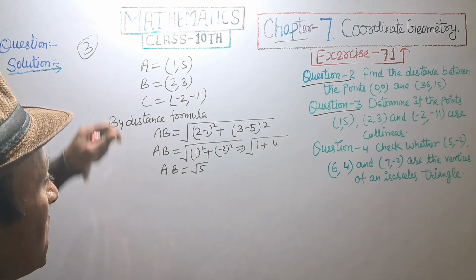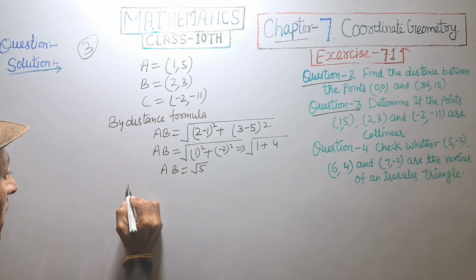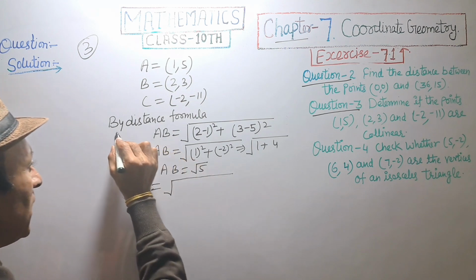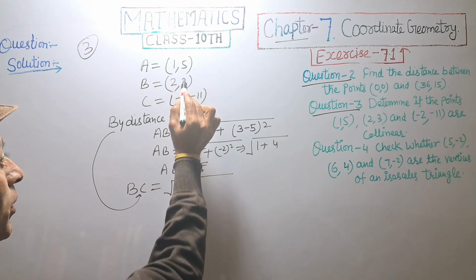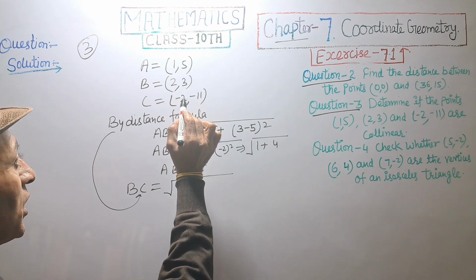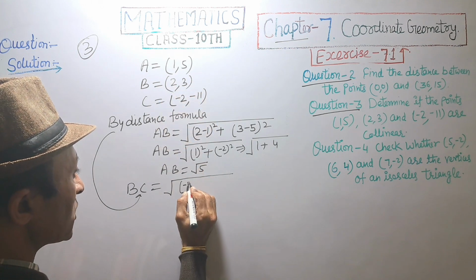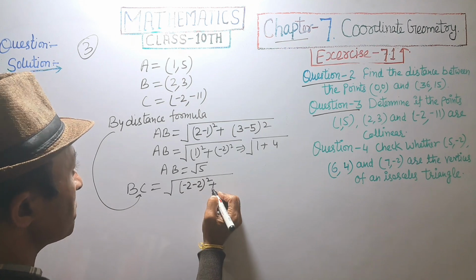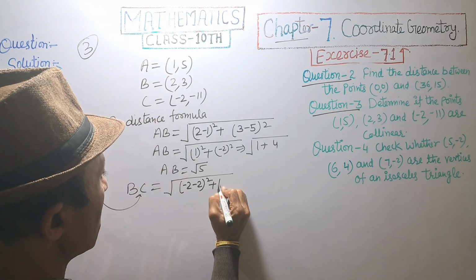And in the same process, by distance formula for B and C, BC, x1, y1, x2, y2 is here, but x2 minus x1 square means (-2) square plus (-11 minus 3) square.